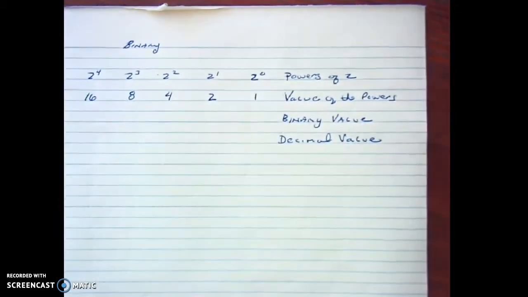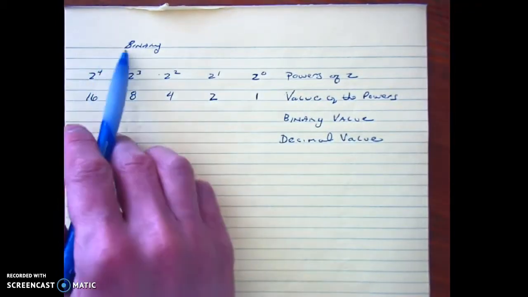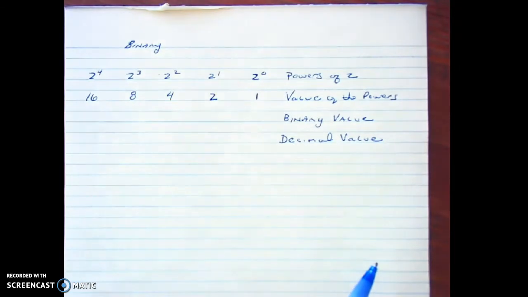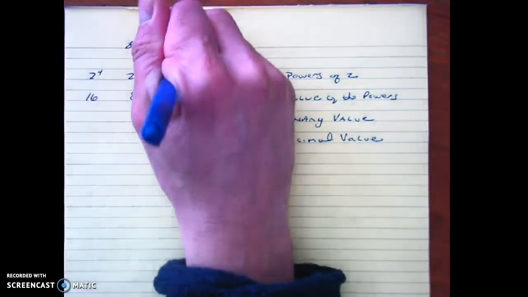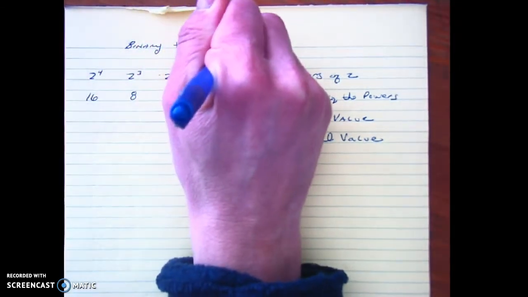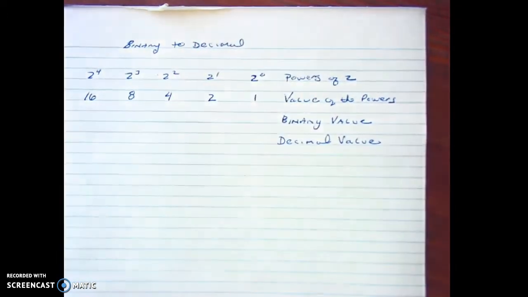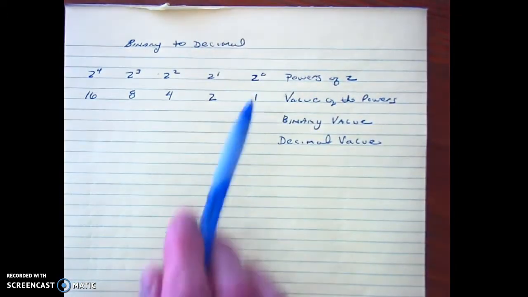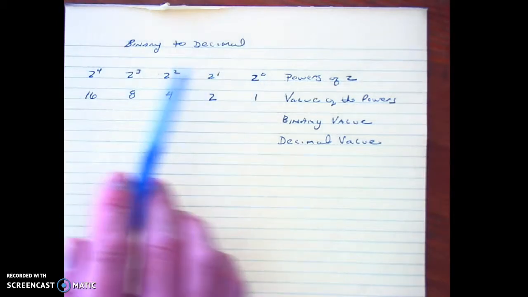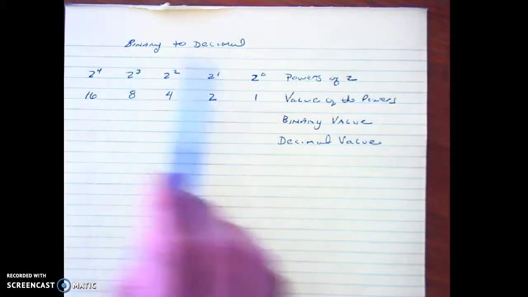All right. So what we're going to do now is look at taking binaries and converting them to decimals. So this is binary to decimal conversion. First of all, before we even begin, we have to understand the powers of binary, the powers of 2. Remember, binary is powers of 2.